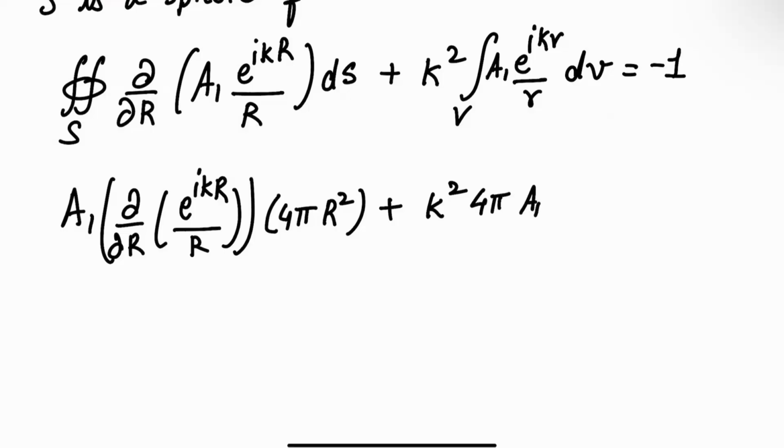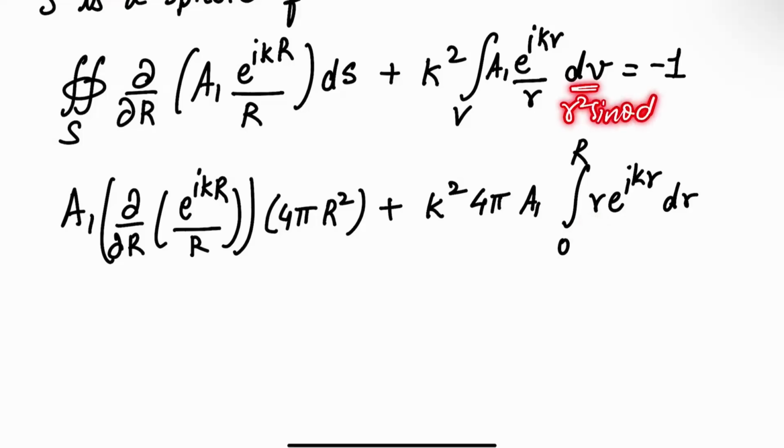And then you have an A1, then you have the integral from 0 to R of r e to the ikr times dr. This r came from the fact that this integral here has r squared sine theta d theta d phi dr. So that r squared cancels with this, and then you get an r in the numerator. Okay, so this is equal to -1.